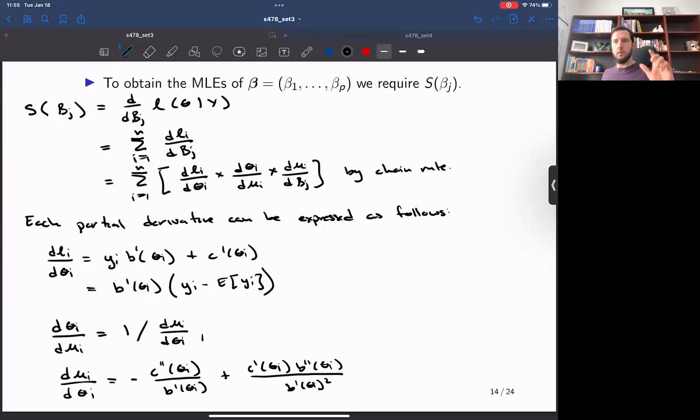Okay, and that's the quotient rule for the expected value. So we're taking the derivative of the expected value formula with respect to theta i, and this is the result from the quotient rule.